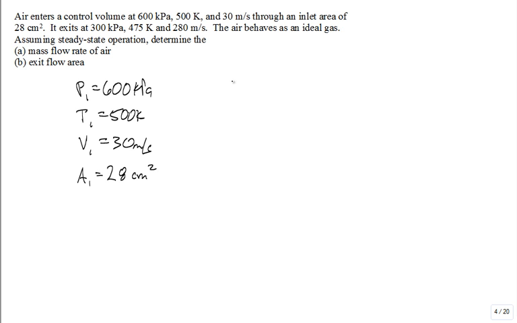It exits at pressure 300 kilopascal, a temperature at state 2 for exiting of 475 Kelvin, and a velocity V2 of 280 meters per second. Air behaves as an ideal gas.